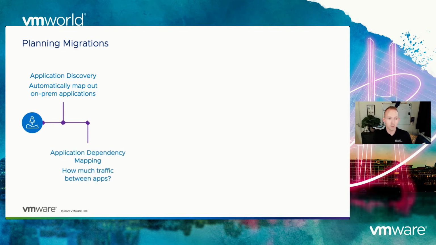Step number 2 is application dependency mapping, meaning that we look at what type of connections are going from application 1 to application 2 and how much traffic is exchanged between those applications in order to form those migration waves.